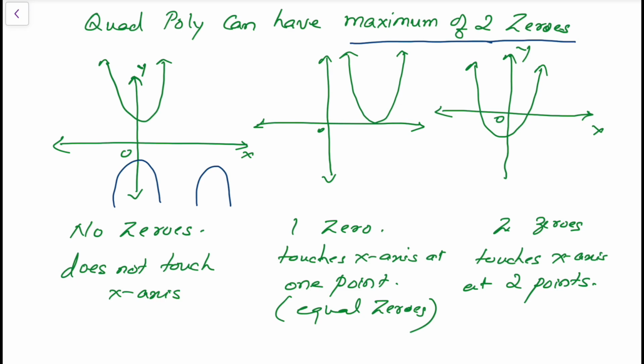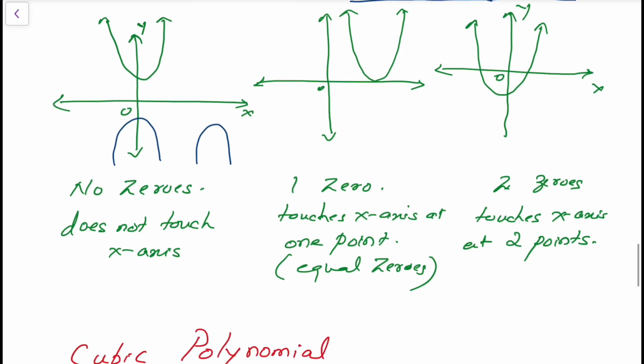Then 1 zero means it will be touching the x-axis at one point, and the two zeros are equal. For example, x squared plus 4x plus 4. This is (x plus 2) whole squared, so minus 2 will be the zero.